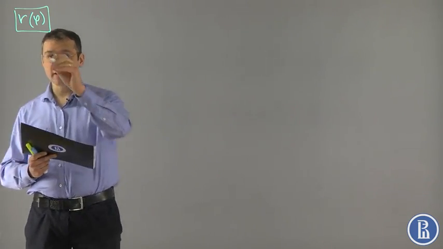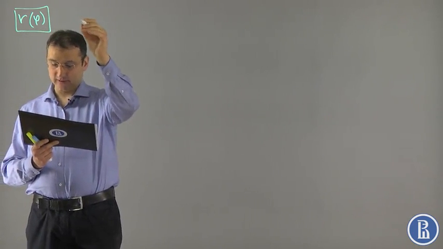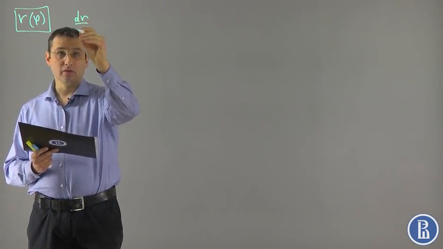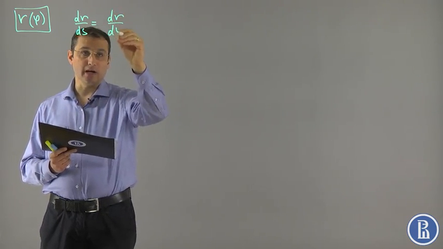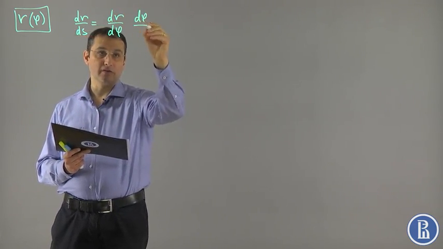So to do that, let us do the following. Let us consider dr over ds and write it as dr over d phi times d phi over ds.